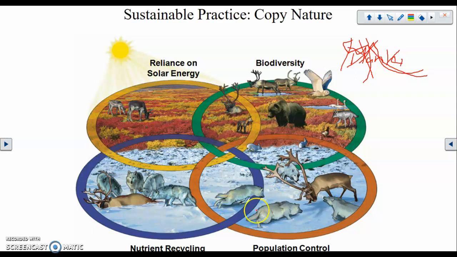Now, this is probably an untouchable subject in terms of sustainable practice because obviously we do not wish to perform population control on humanity, right? In that extreme regard, I'm not gonna go there, but there are other ways that you can gain population control for humans.